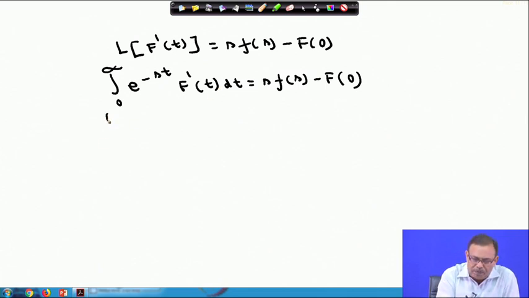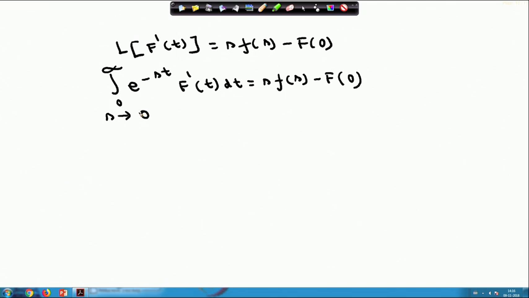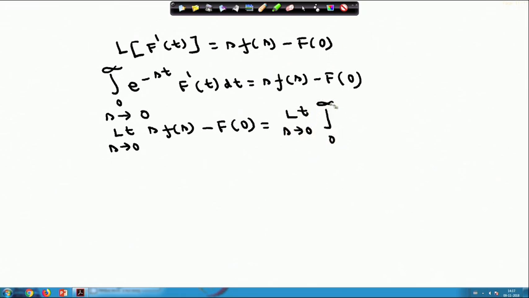So as s approaches 0, we can write the limit of s F(s) minus f(0), where again f(0) will remain constant, equals the limit as s approaches 0 of the integral from 0 to infinity of e^(-st) f'(t) dt.